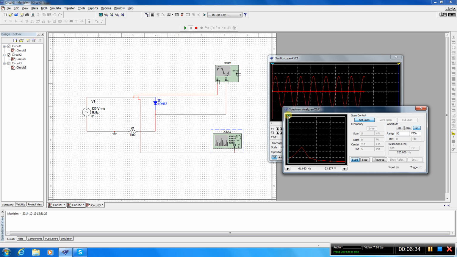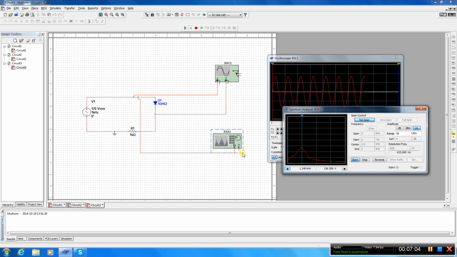So as you see, we have this peak in the spectrum exactly at 1 kilohertz. At least it should be. Because of this non-ideal element, we have this peak not exactly at 1 kilohertz as we should, because the only spectral part we actually have is this sine wave.